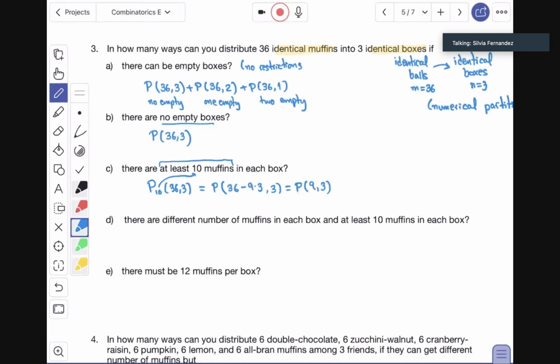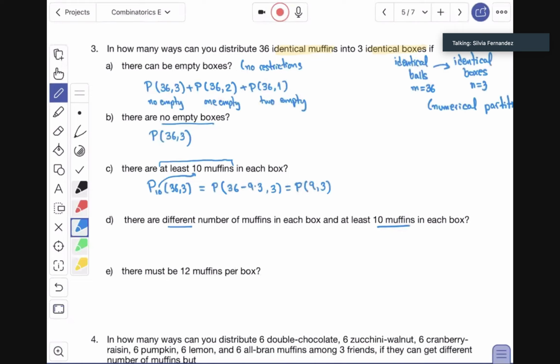And then there are different numbers of muffins in each box, and at least 10 muffins in each box. Well, for this one, there are 2 things that you can do. In this one, I think the best thing you can do is do it by hand. It's probably the easiest way. So they need to be different, and they need to be at least 10.